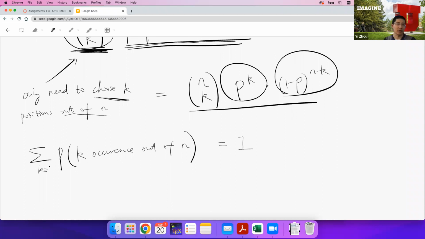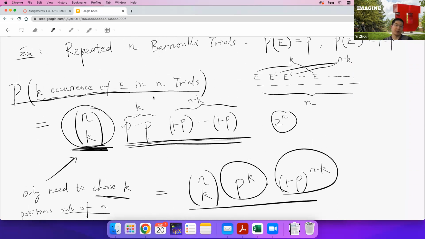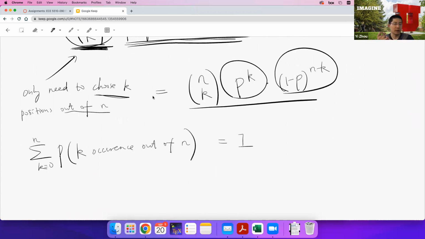K starts from 0 to N. Why? Because out of N trials, you can have 0 heads, 1 head, 2 heads, 3 heads, up to N heads. One of them must happen, right? So once you sum them up, it has to be probability 1.